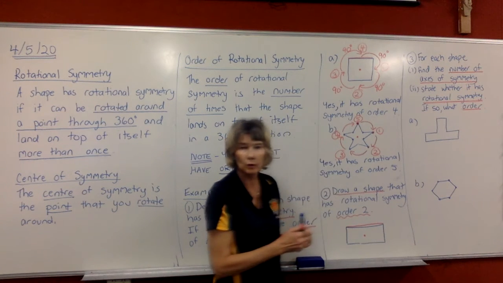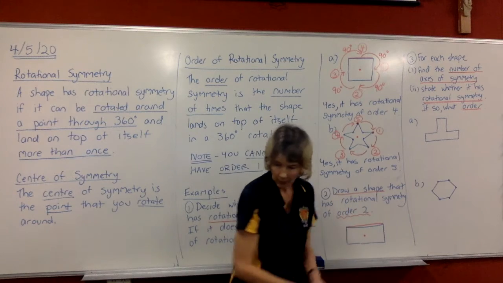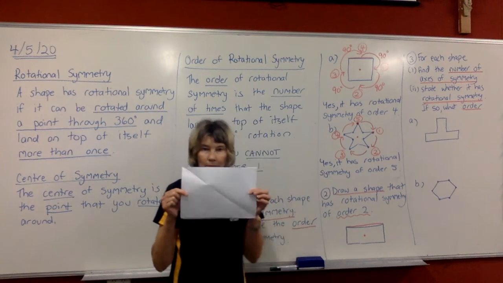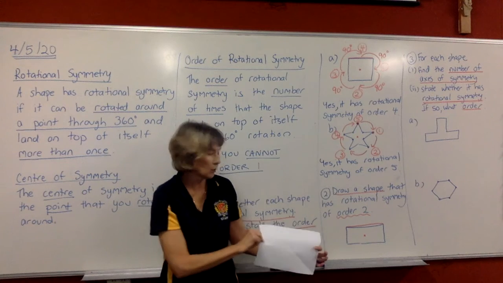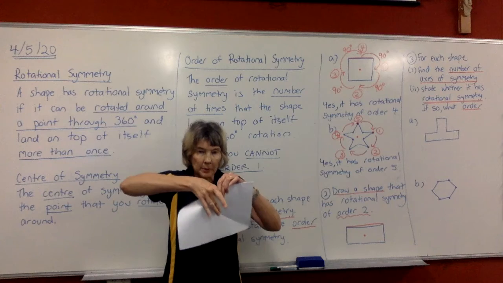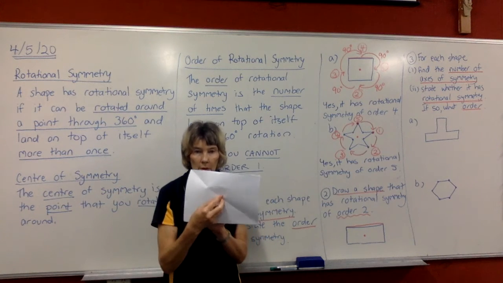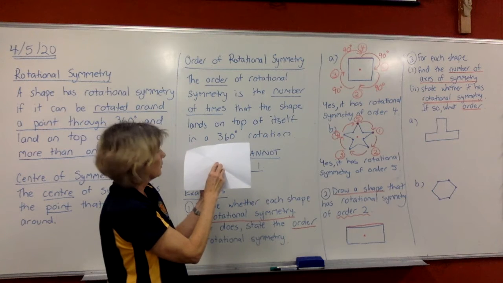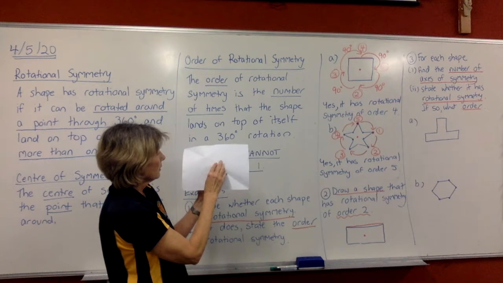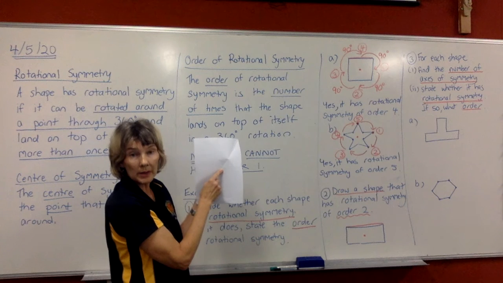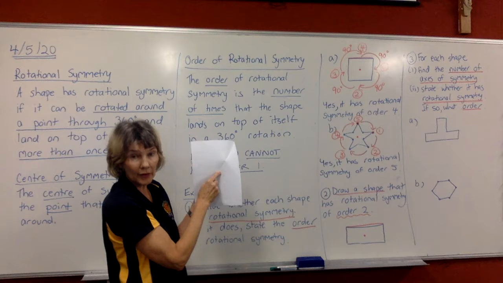If I spin that clockwise 90 degrees, watch what happens to it. That's what it looks like. It doesn't look like what it did when it started, so it hasn't landed on top of itself yet.